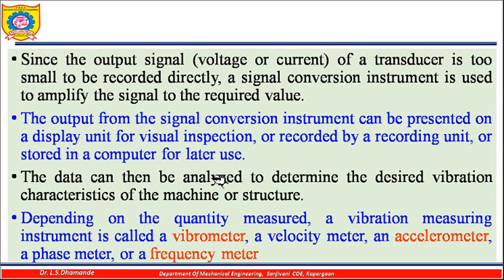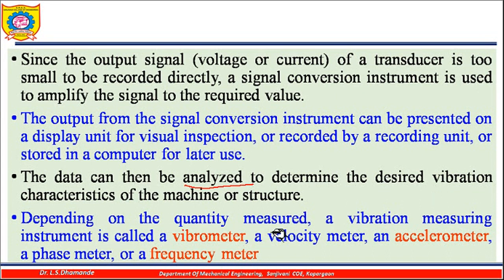After it is stored in the computer, you can compare the desired characteristic with the existing characteristic. If you find that the desired vibration level is less and the present vibration level is high, you have to stop the machine and see what kind of maintenance can be done so that the vibration levels can be reduced.